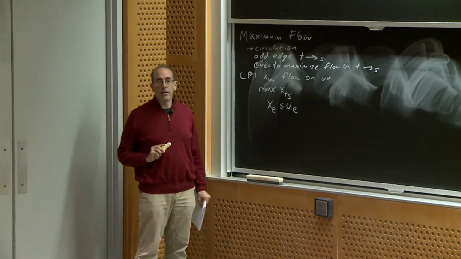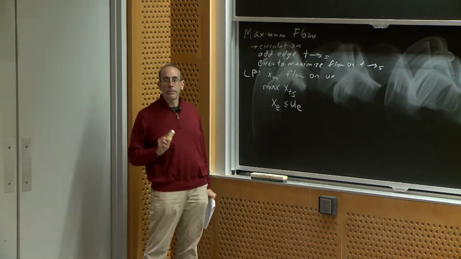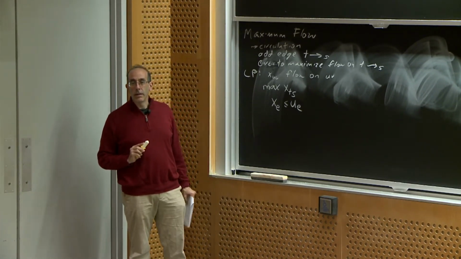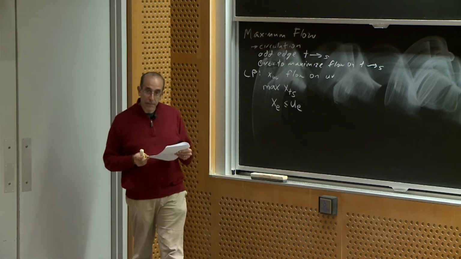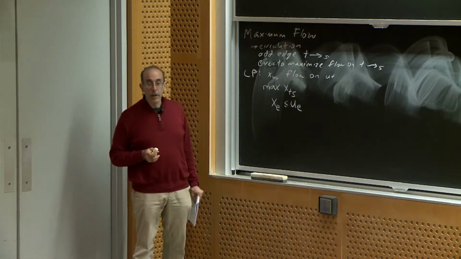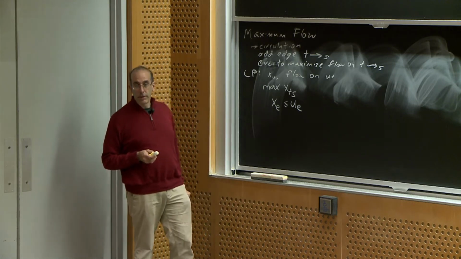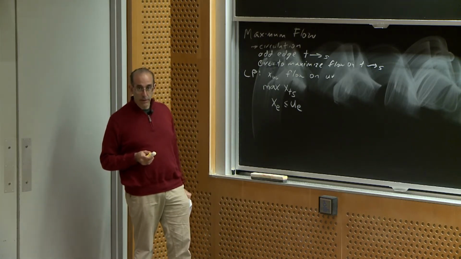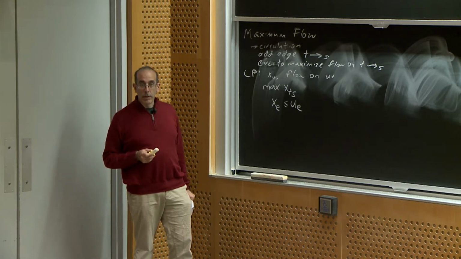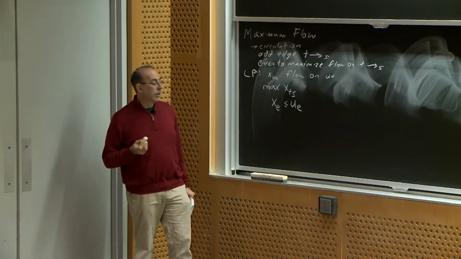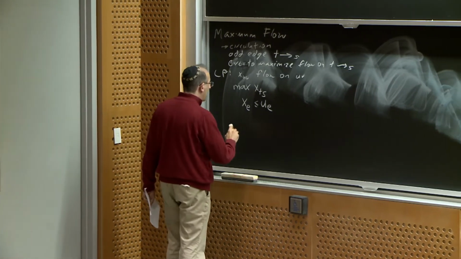Other constraints on this flow value? Yeah? For every node, you can say that the sum of the edge inflows has to equal the sum of the outflows. Exactly right.